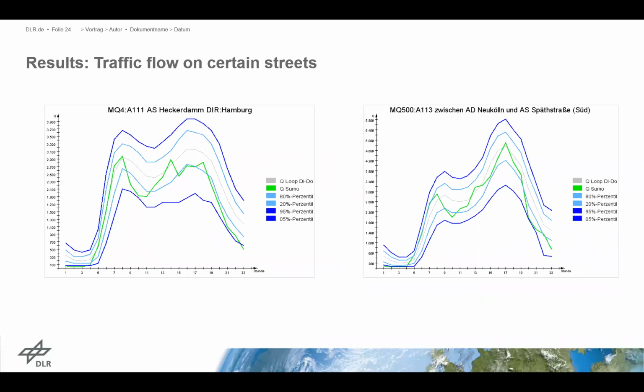And as you see, the travel demand we have generated fits very nicely to the demand which was reported on the streets, which gives us a good feeling that our approach is justified, and we can tell you how congested the streets and the cities are.